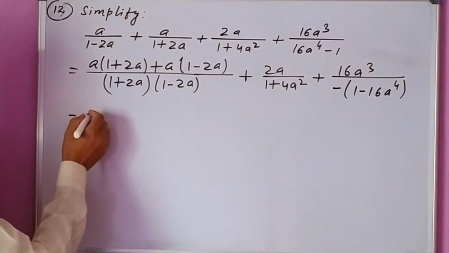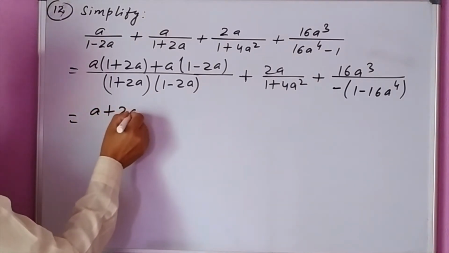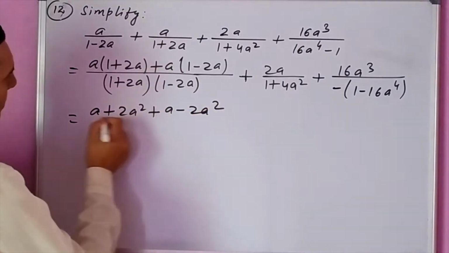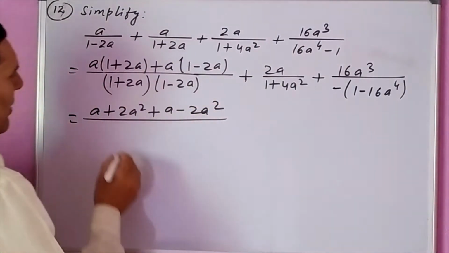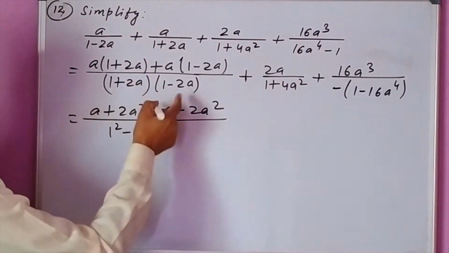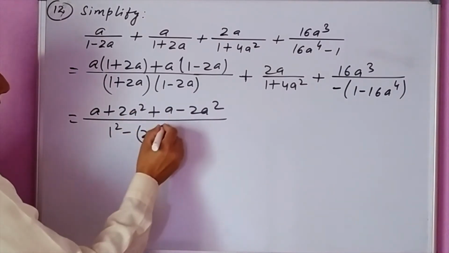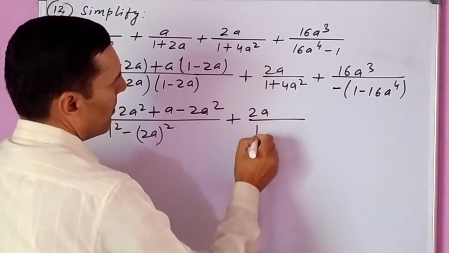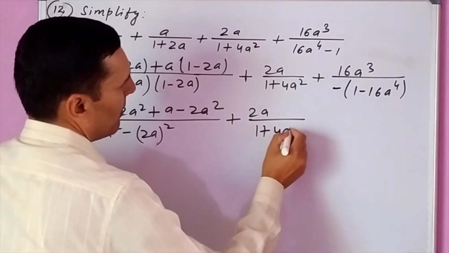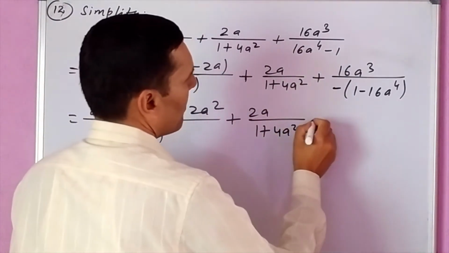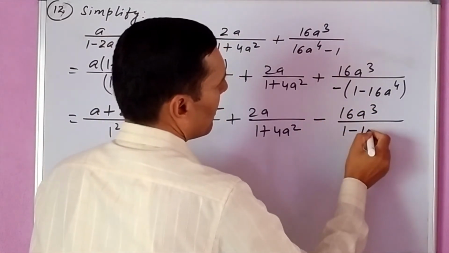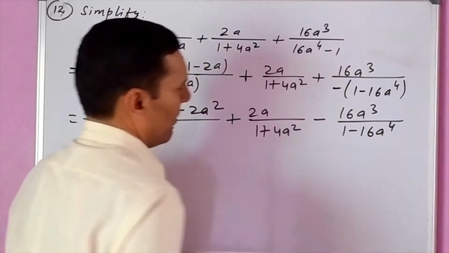Now we open the bracket here. A plus 2a square, here also a minus 2a square, and the denominator also, a plus b, a minus b, a square minus b square, plus 2a upon 1 plus 4a square, plus minus minus 16a cube upon 1 minus 16a to the power 4.